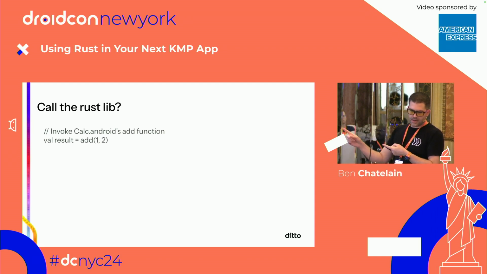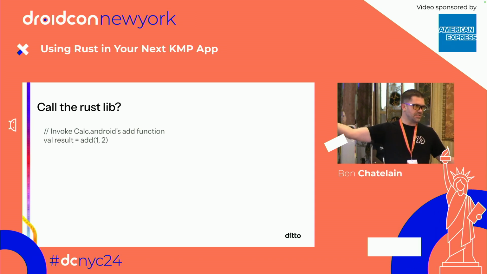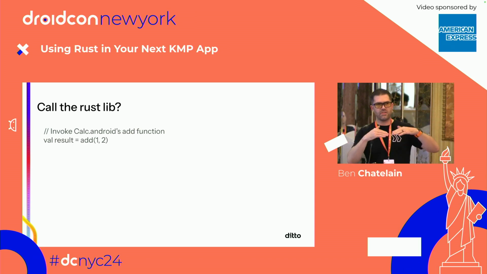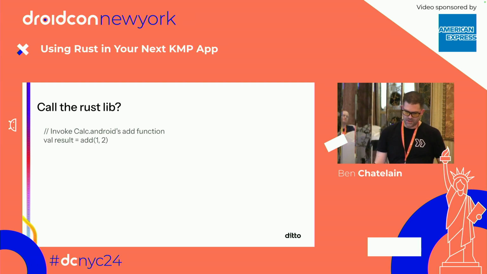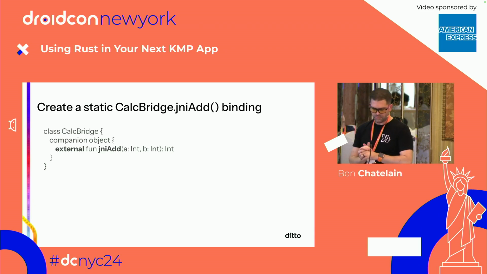So we call CalcAndroid's add function, and the value we get back is just that stub. So now we have a problem. We have our native binary in the app. We have some Java code or some bytecode from Kotlin, but it's only calling our stub. Our CalcAndroid is not talking to CalcAndroidNative. So how do we deal with this?